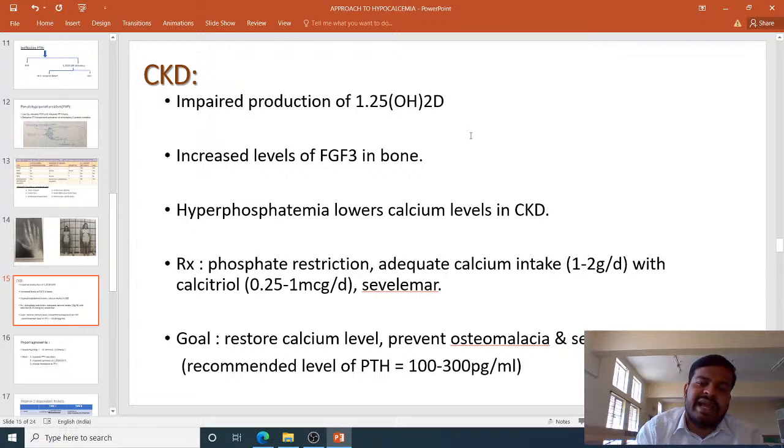So usually the reaction is from 25 hydroxycholecalciferol, which is converted into 1,25 dihydroxycholecalciferol in the presence of the enzyme 1 alpha hydroxylase. This 1 alpha hydroxylase is present in the kidney.